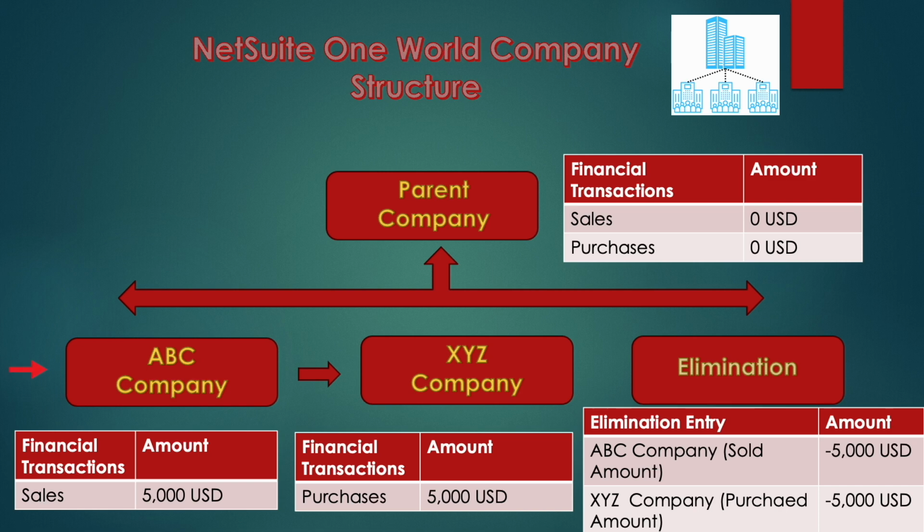For instance, if one subsidiary sells goods to another, this transaction can inflate both revenue and expenses in the consolidated reports. An elimination subsidiary helps to remove the effects of these intercompany transactions, ensuring that our consolidated financial statements accurately reflect the entire company's performance.